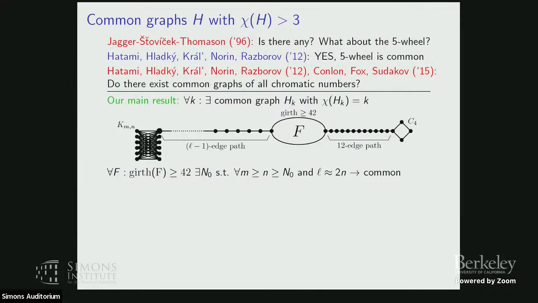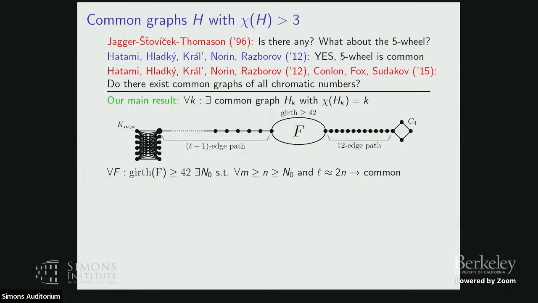So now we know what the answer is. That's exactly the logic behind me putting this on the slide last night. So you give me this graph F, I can decorate it a little bit. I will attach some short path and a C4 on one side, and I will attach another path on the other side, and place a complete bipartite graph at the end.